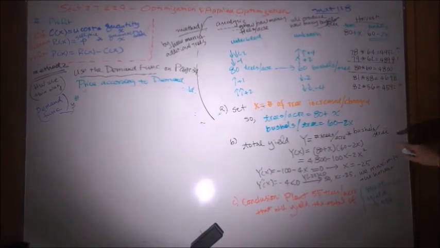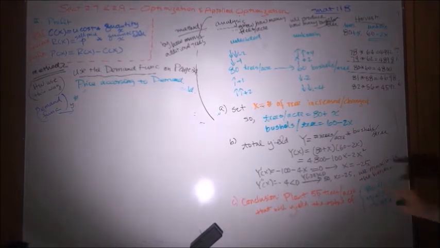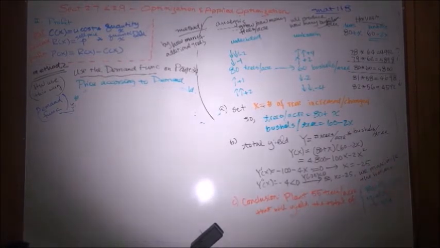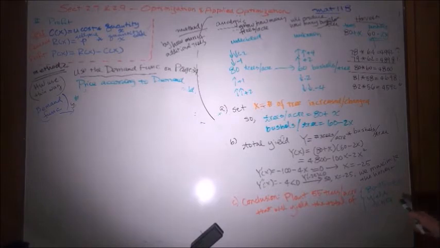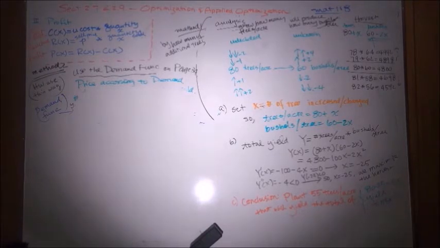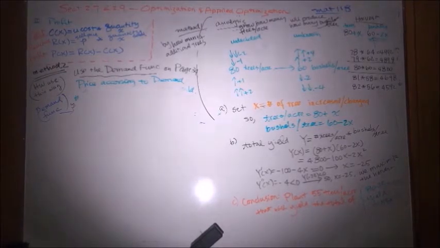Because for each tree you reduce, you get 2 bushels more, so you will produce what? 50 more per tree. It will start from 60, right? Then you plug in negative 25 here, so you will have 110 bushels per tree, right?